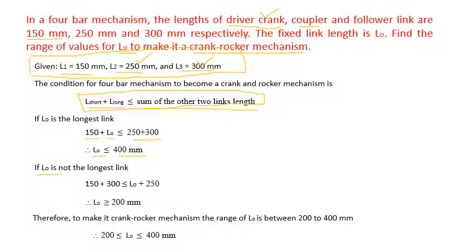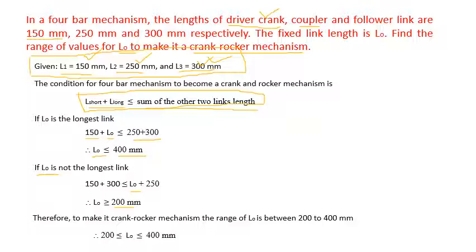So I will consider 150 as the shortest and 300 as the longest. So 150 plus 300 less than or equals to L naught plus 250. After simplifying this, we got L naught greater than or equals to 200 mm.